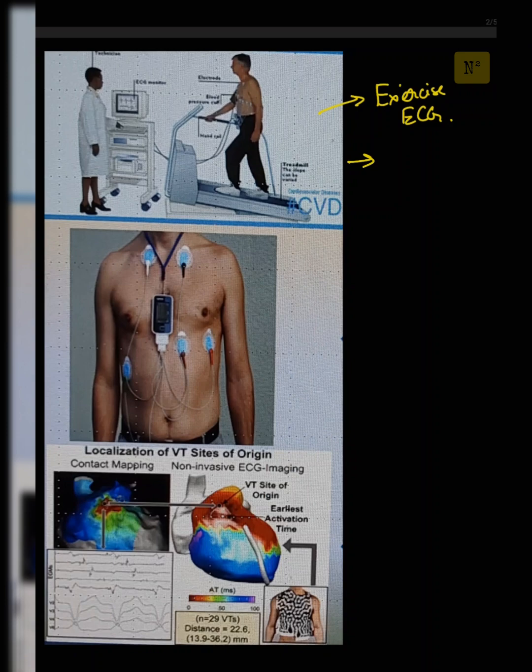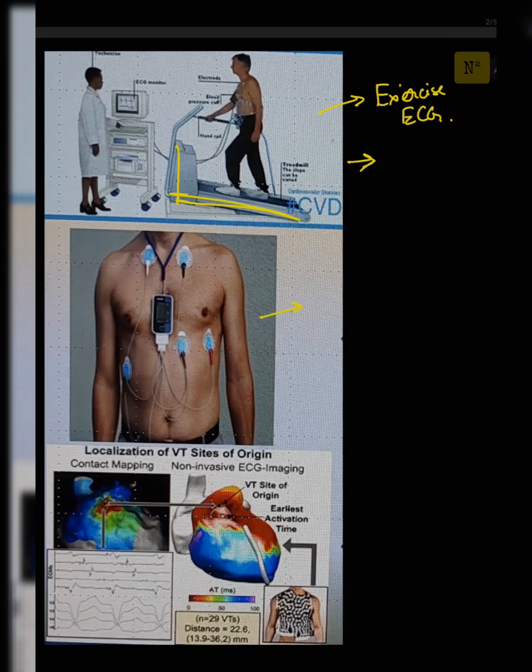We instruct the subject to do some treadmill exercise. In this case, you can see there is a treadmill. We give that person the task of running or walking on the treadmill for a certain distance. Then we keep continuously monitoring the ECG rhythm, and we record that.